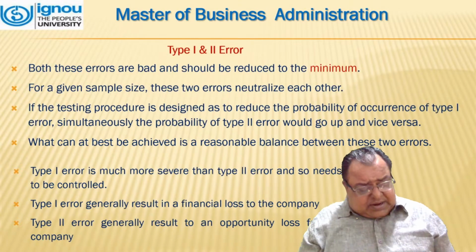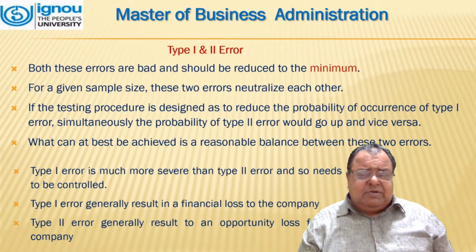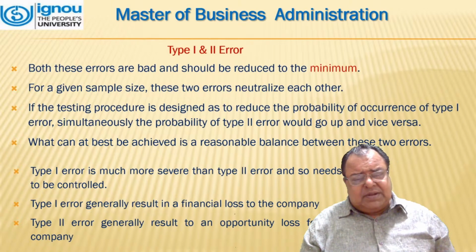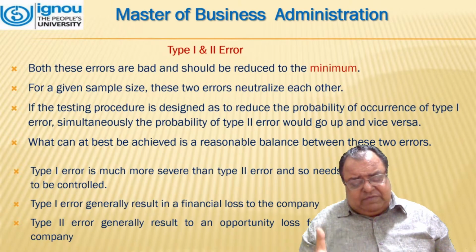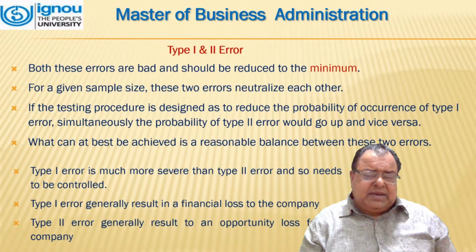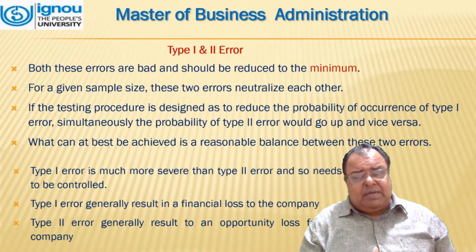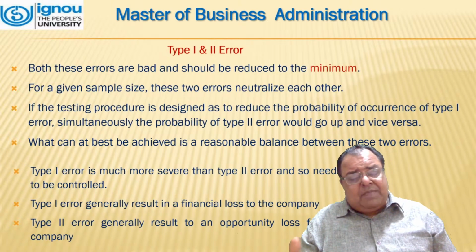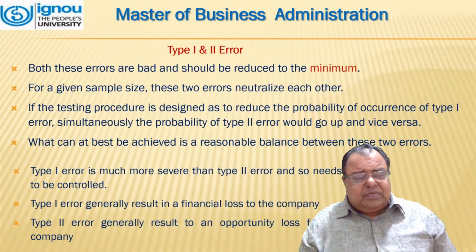Both these errors are bad and should be reduced to a minimum. For a given sample size, these two errors offset each other. If the testing procedure is designed to reduce the probability of occurrence of type 1 error, simultaneously the probability of type 2 error would go up, or vice versa.